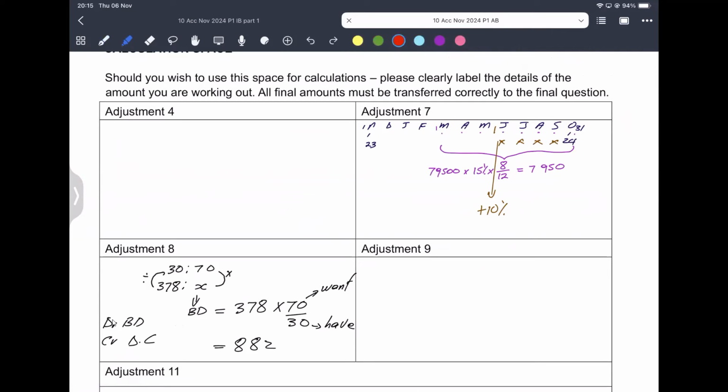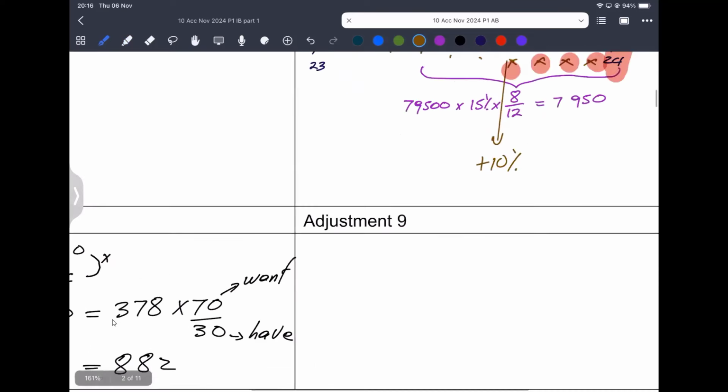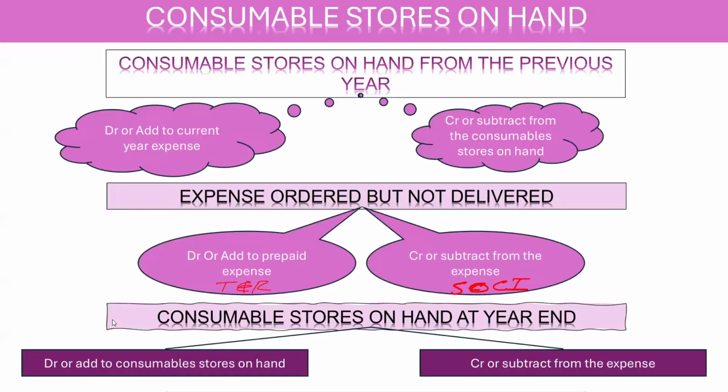Okay, so October will not be added because this was not received. It was only received for 1, 2, 3, 4. So it was 10% for 4 months, meaning that it was 100% for 1, 2, 3, 4, 5, 6, 7. So for 7 months, it was at 100%. And that's where you will use this formula that I gave you here.